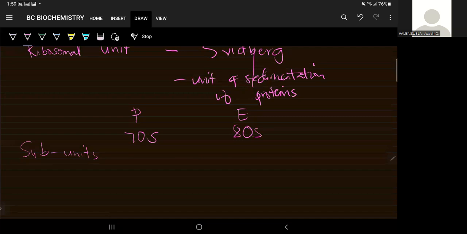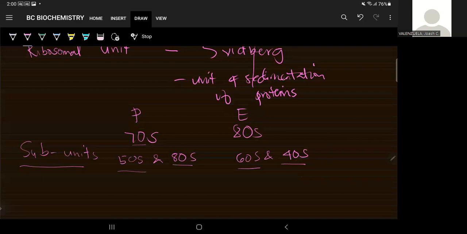Remember that your ribosomes produce smaller and bigger units of protein. Do not ask why the subunits are like that, because they were named by the discoverer.